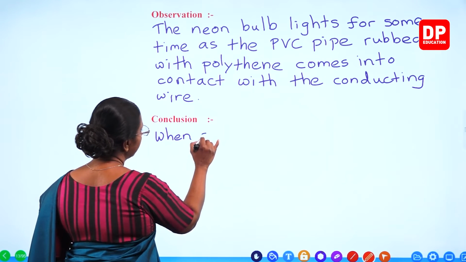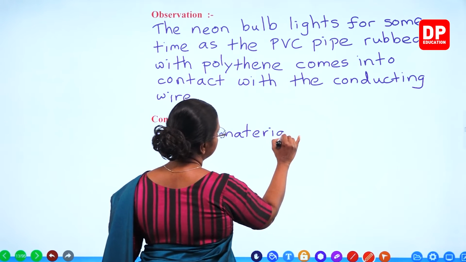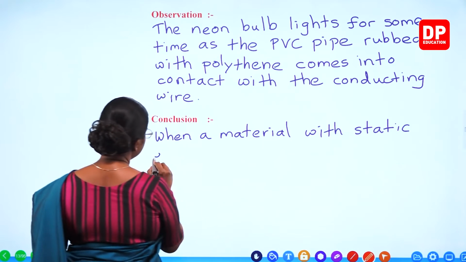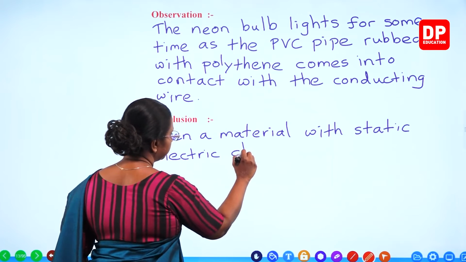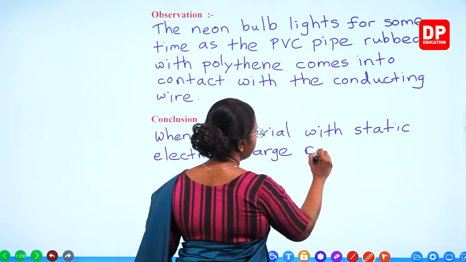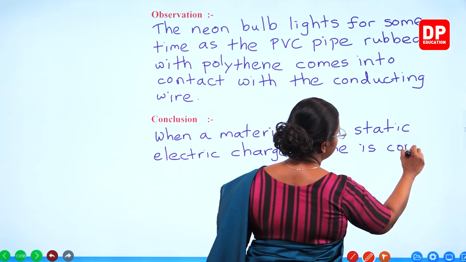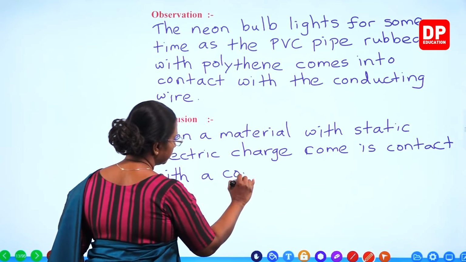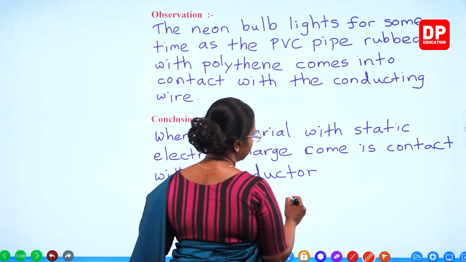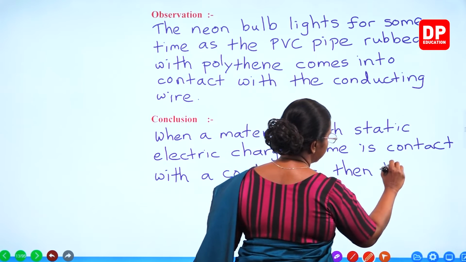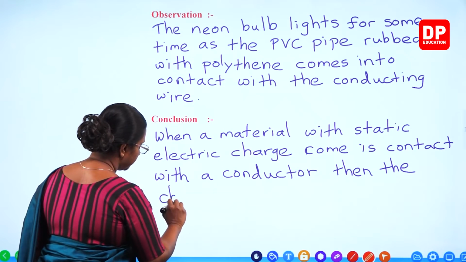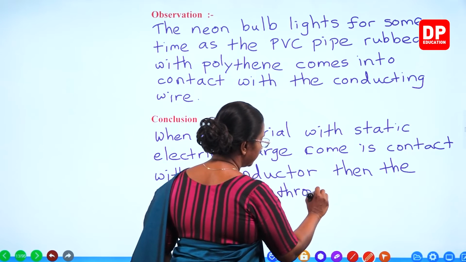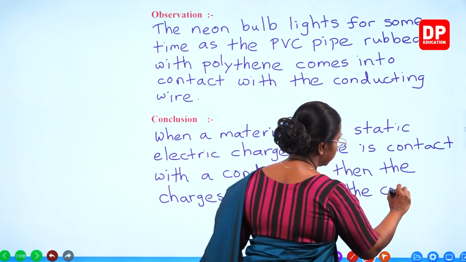when a material with static electric charge comes in contact with a conductor, then the charges flow through the conductor.